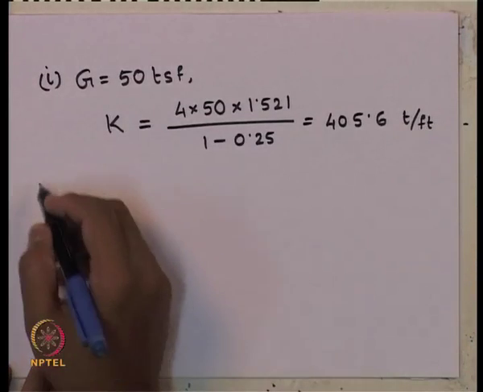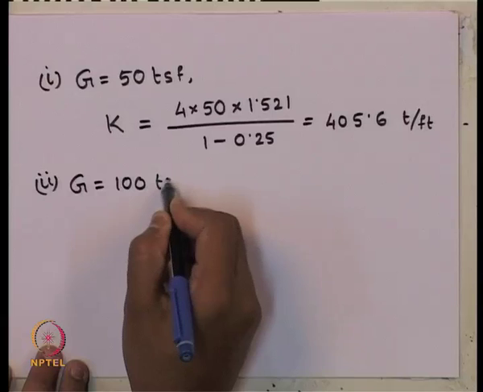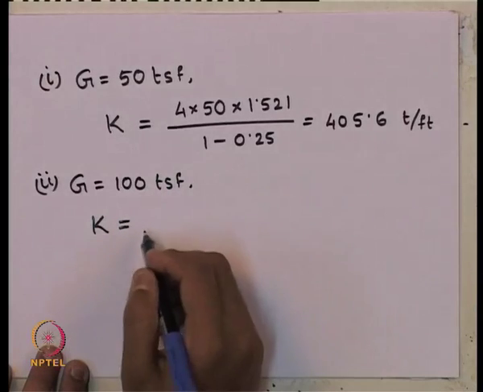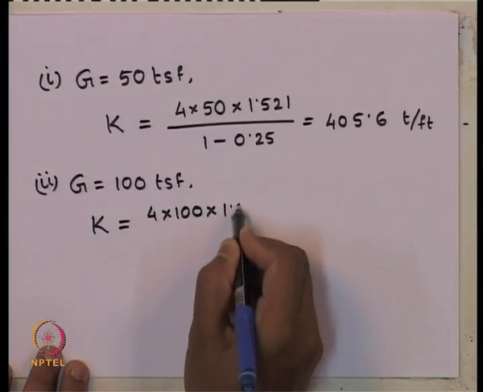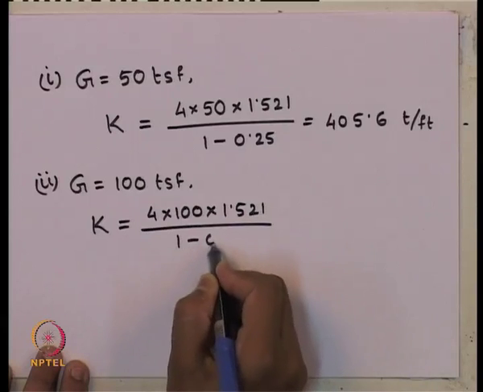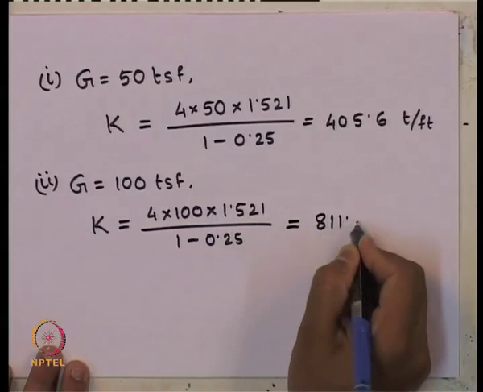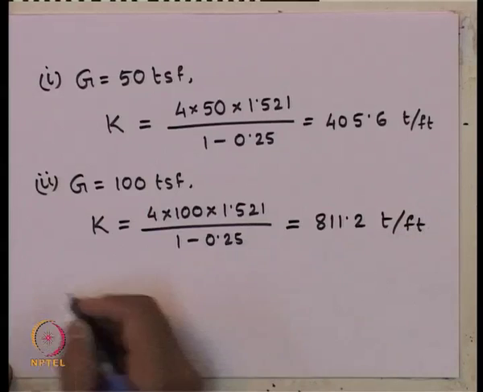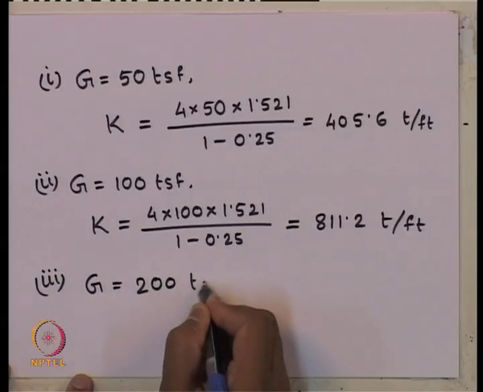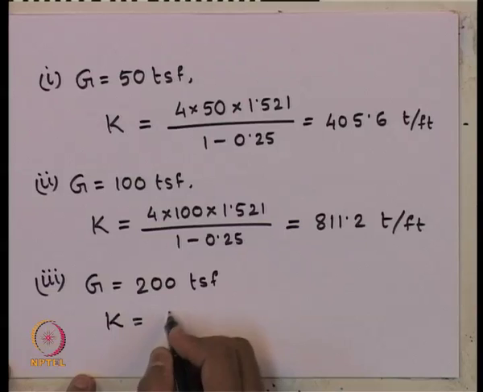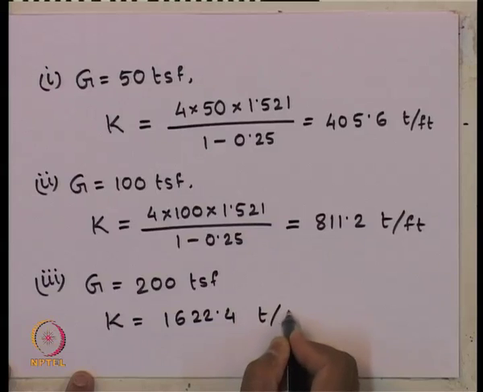For second type of soil, that is with G as 100 TSF, K is computed as 4 into 100 into 1.521 by 1 minus 0.25. You can see these are linearly related, 811.2 ton per feet. And for the third type of soil with G as 200 TSF, K is coming out to be 1622.4 ton per feet.